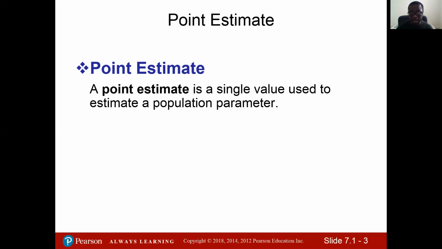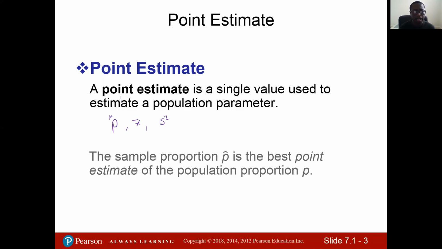In this video, we're talking about the proportion. So a point estimate is basically a single value. p-hat could be an example of that, or x bar as a single value, or the sample variance.